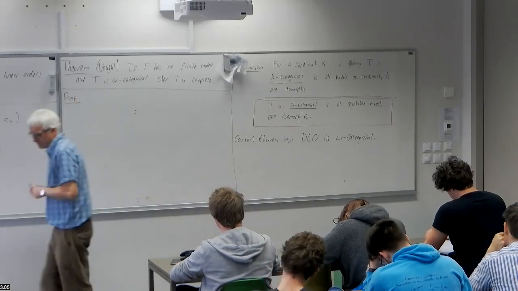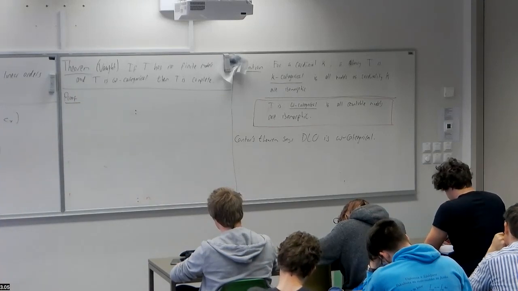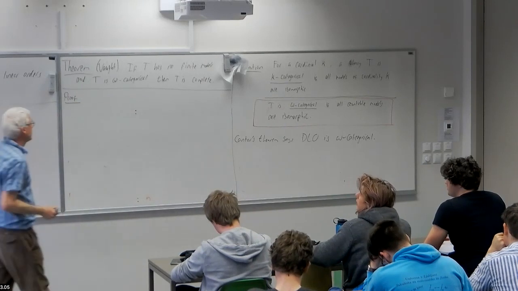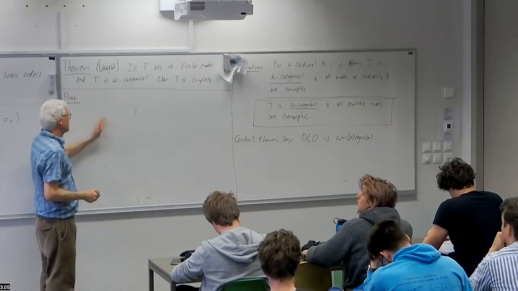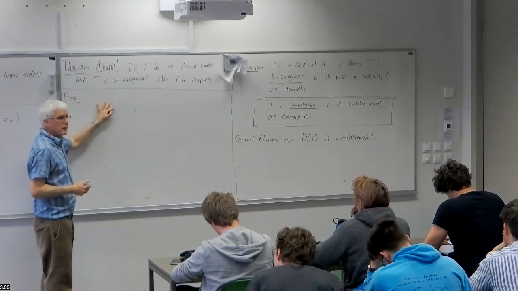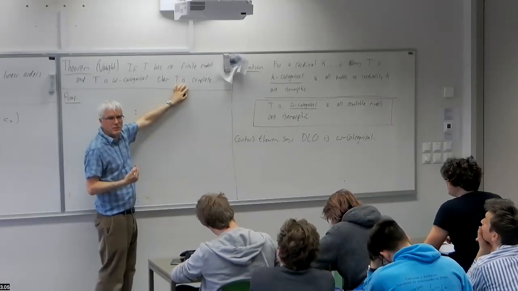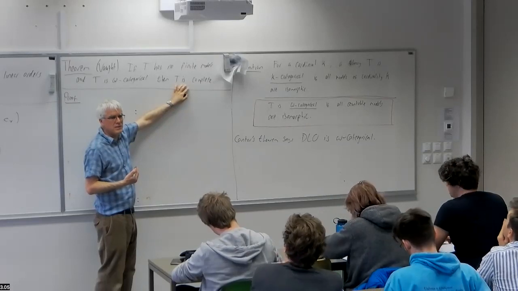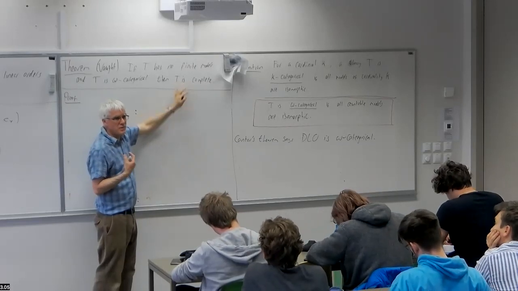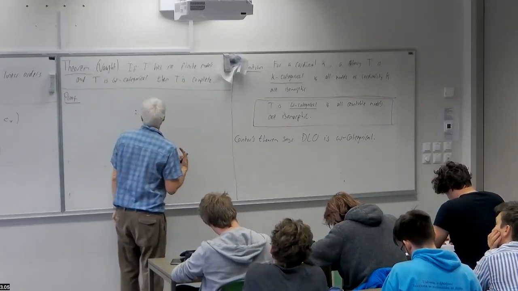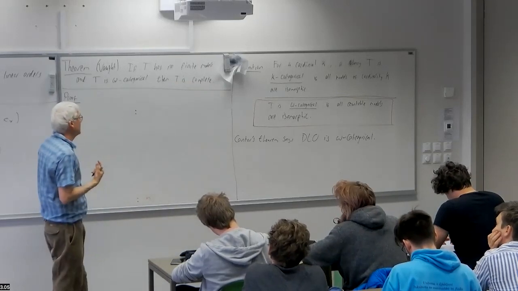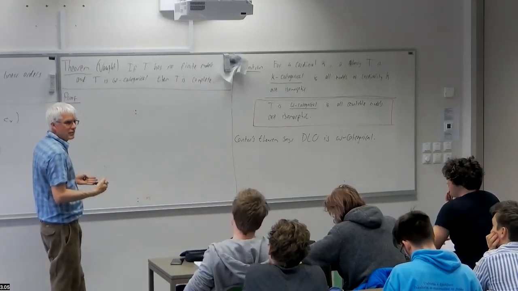Okay, so what we want to show is that T is essentially the theory of a single structure. You can basically choose any countably infinite model, and T will be the same as the theory of that model.